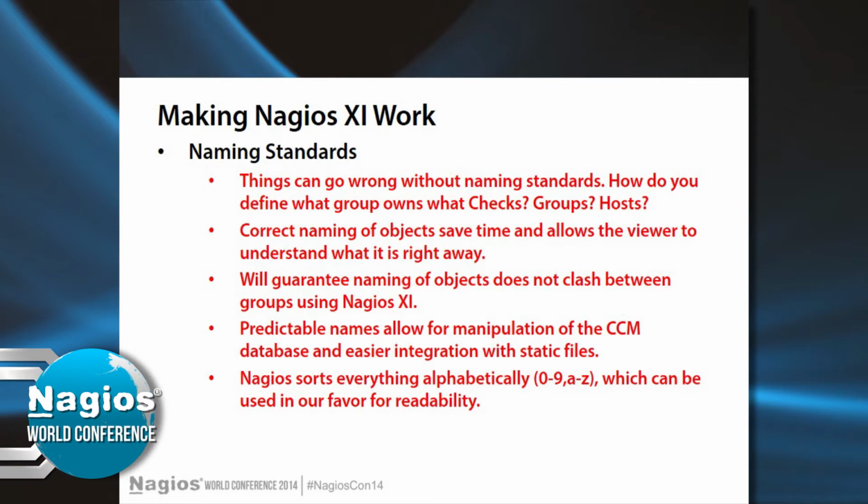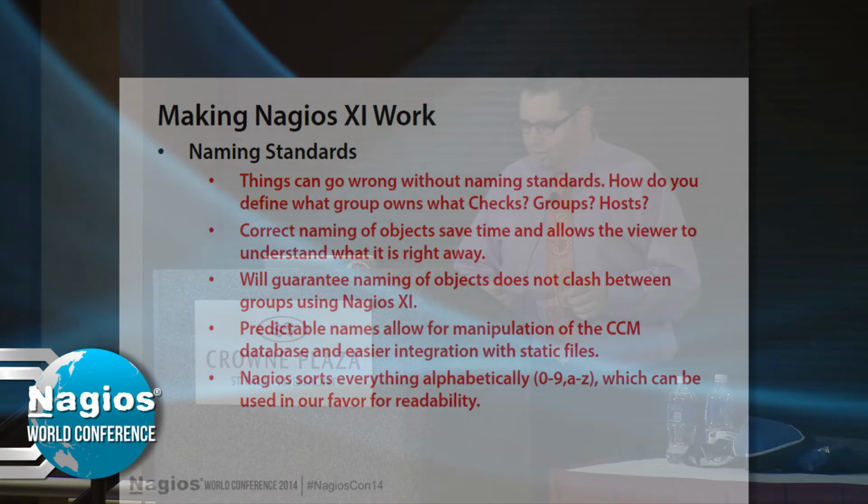And if you get your naming standards right, and you want to move on to the next level of managing these service checks and doing mass changes to them, it helps you a lot in CCM. So does everybody know what CCM is? Do you know where CCM stores its database? For those that don't know, CCM stores everything in a MySQL database.